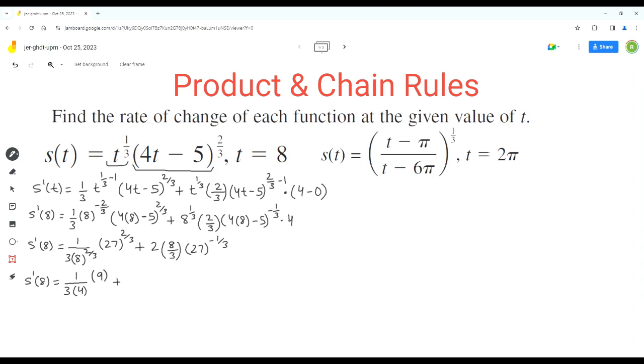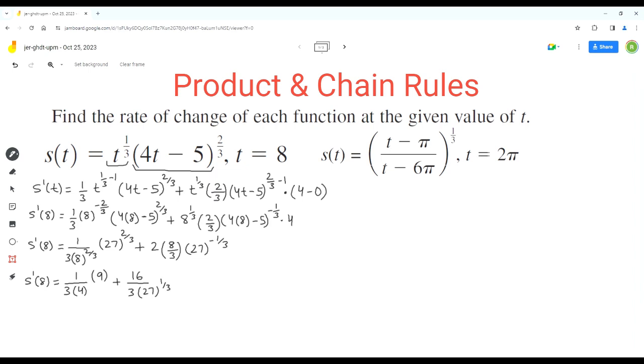And now plus, 2 times 8 over 3 is 16 over 3, and we can move 27 to the denominator because its exponent is negative. So we get 27 exponent 1 over 3.